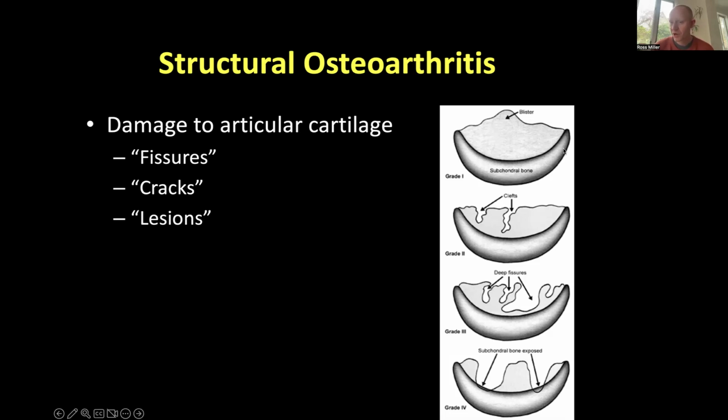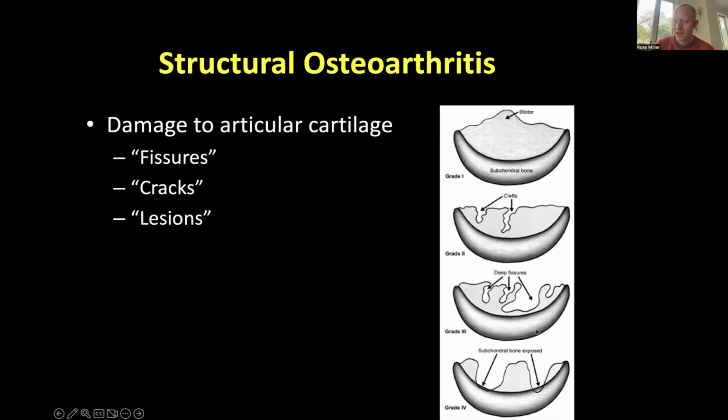You have your bone here that the cartilage is attached to. And early on, in the earliest possible stages where you might think there could be something mechanically going on here, you'll see some blisters, some little abrasions or just small abnormalities in the structure of the cartilage. As that abnormality is loaded more and more and damaged more and more, you'll get these fissures or cracks superficially from the top down, from the loaded surface, down deeper into the cartilage.